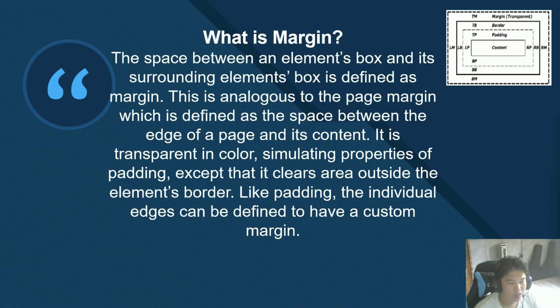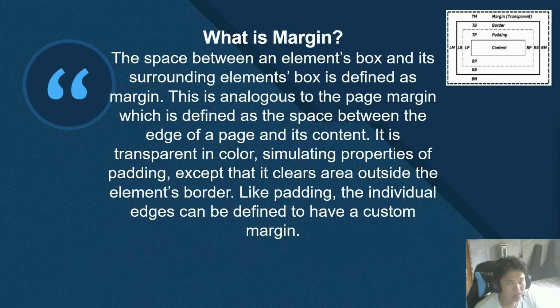Okay? So, it is transparent in color, similar to the properties of padding, except that it clears the area outside the element's border. Like padding, the individual edges can be defined to have a custom margin. So, it's still like mura siya og padding gihapon, but more likely transparent siya, dili kay siya ingon nga makita.